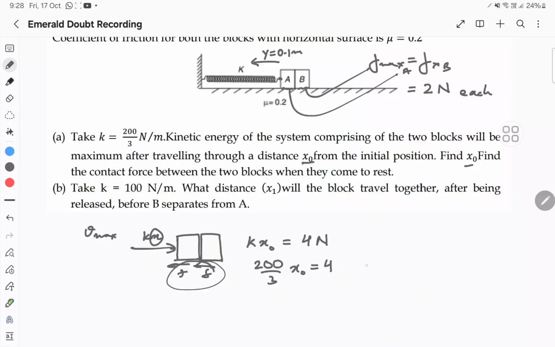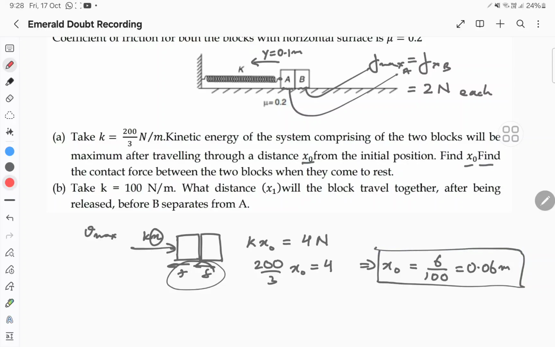So x naught is equal to 6 by 100, 0.06. It had to be less than 0.1 and it is less than 0.1, so that's your answer for x naught.